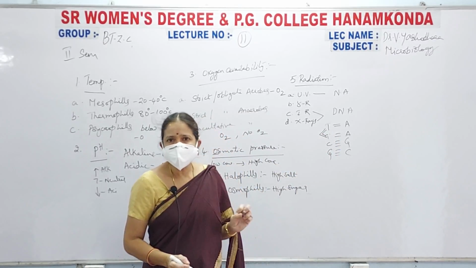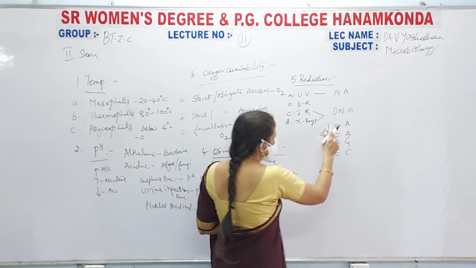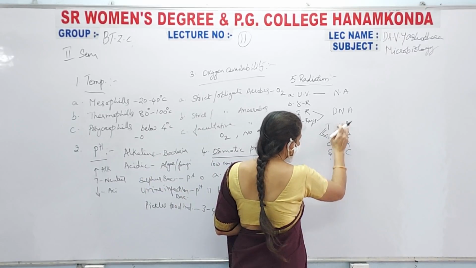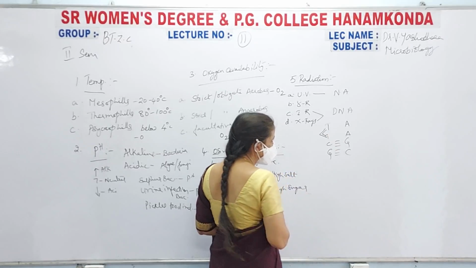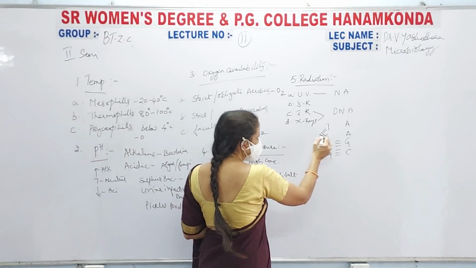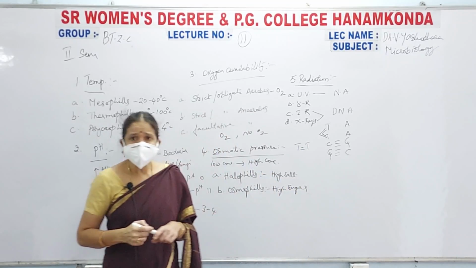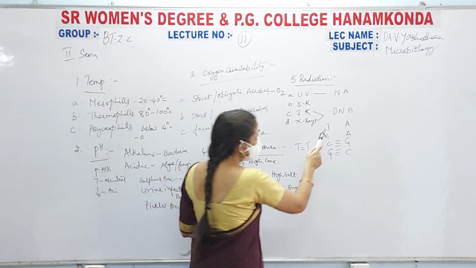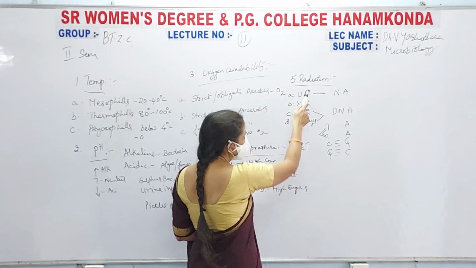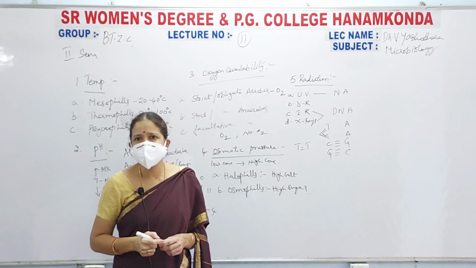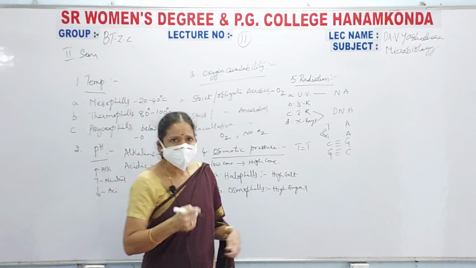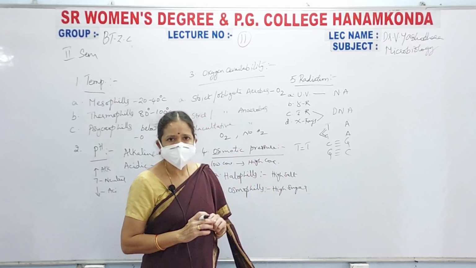The adjacent thymines get bound with each other and these bonds will be broken. When these bonds are broken between thymine and adenine, these two adjacent thymines form a thymine-thymine dimer. A thymine-thymine dimer is formed so that the bond will be broken, distorted, and these radiations destroy or kill the microorganisms. Okay, this is about your radiation.